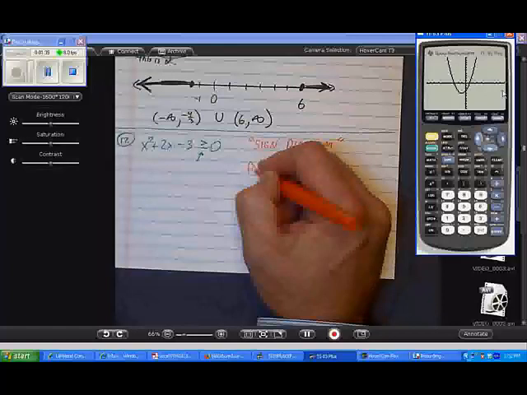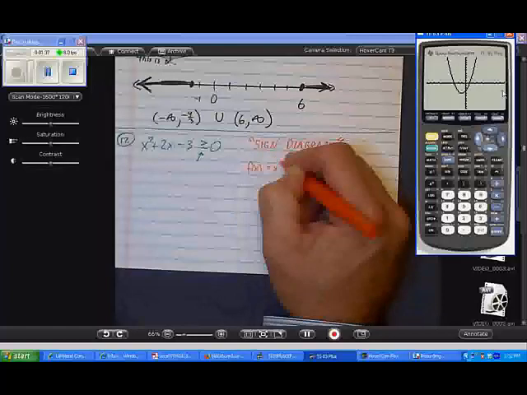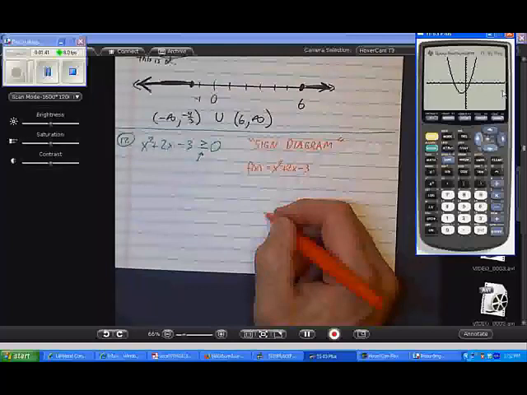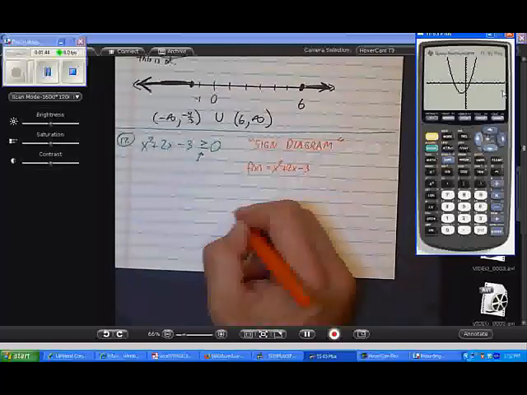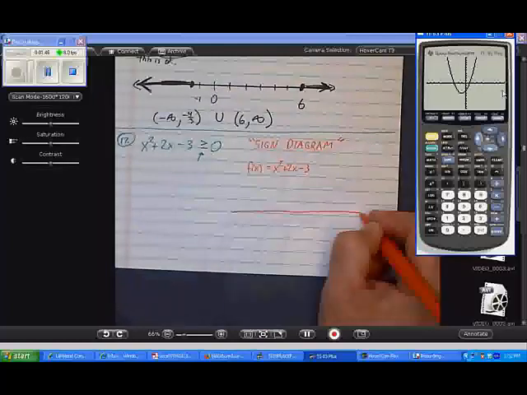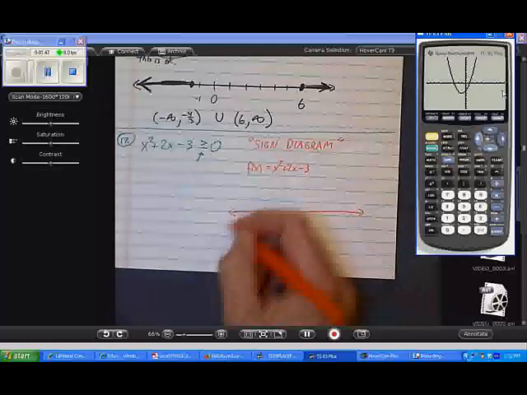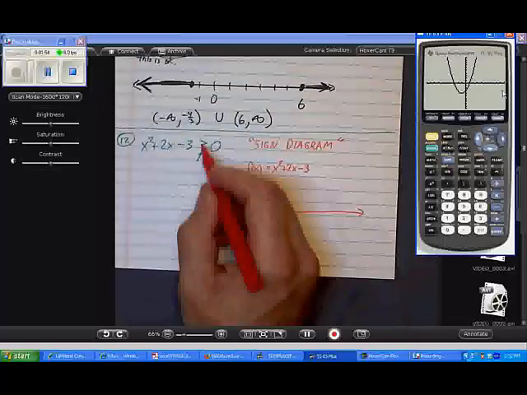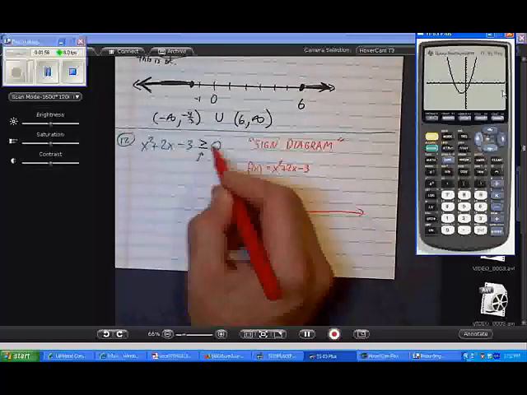In this case, f of x is x squared plus 2x minus 3. Right? And I draw a number line, kind of like I did for absolute value. And I want to know, where is this function greater than or equal to 0? Because that's what the problem says.